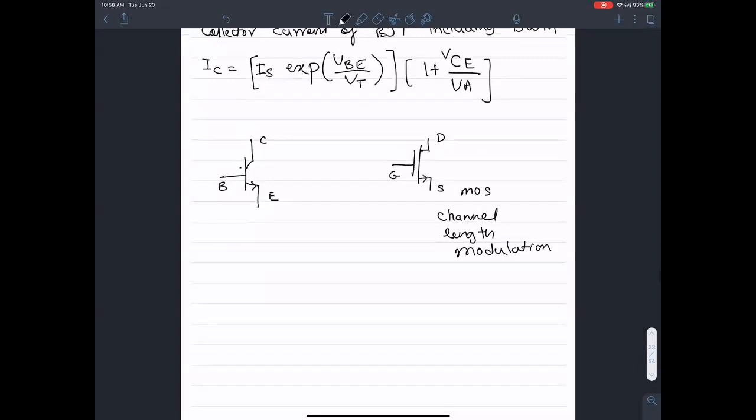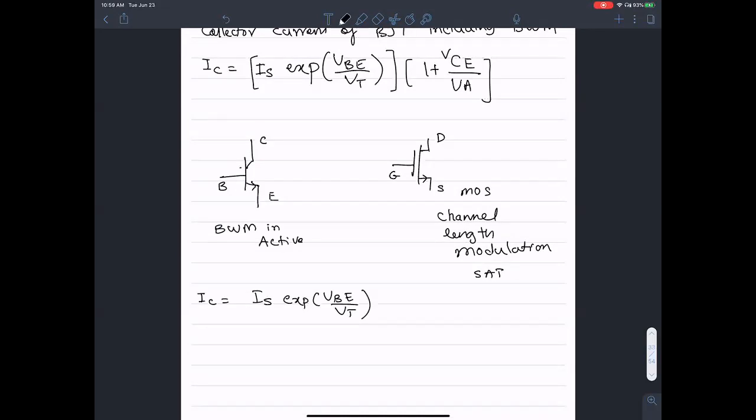Okay, and then this guy has channel length modulation in the saturation region, and base width modulation in the active region for BJTs. Okay, so the underlying current equation is IC equals IS exponential of VBE over VT.